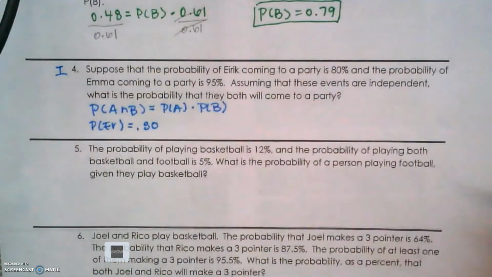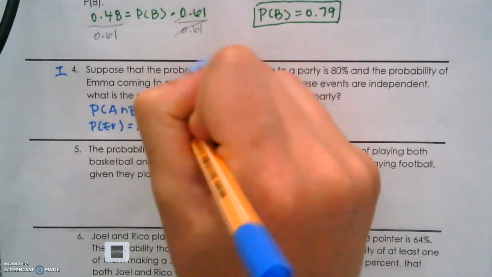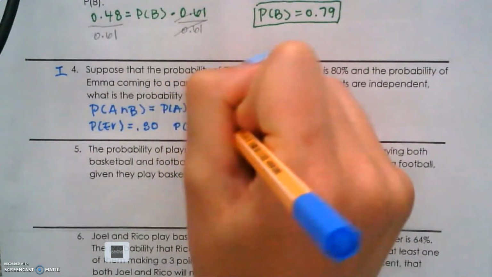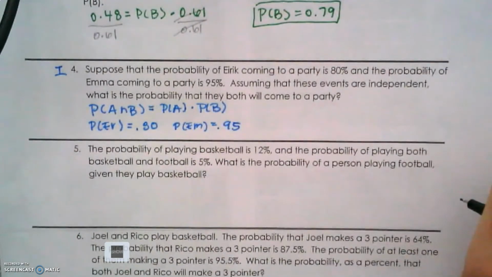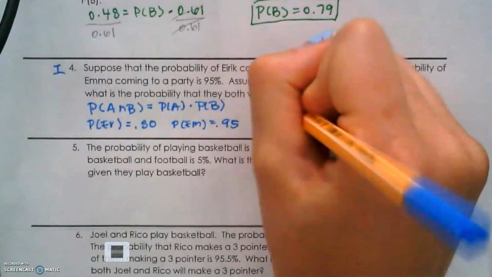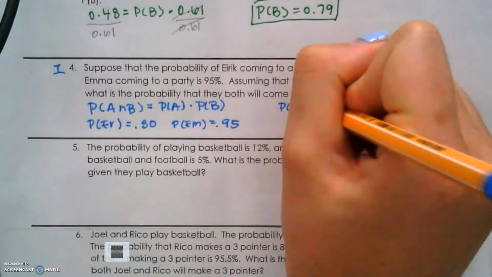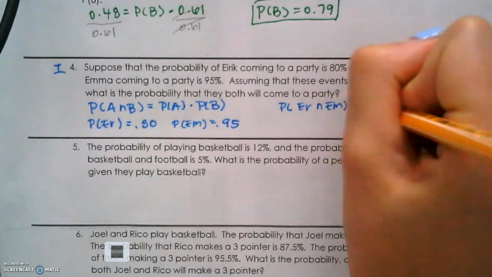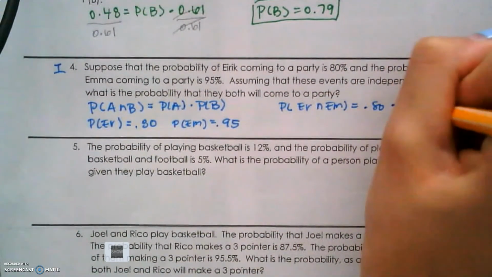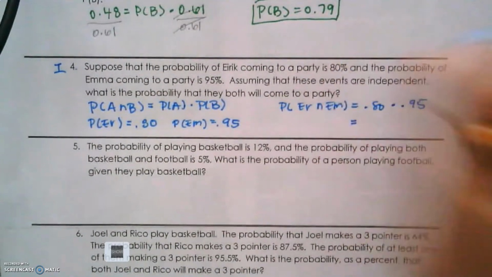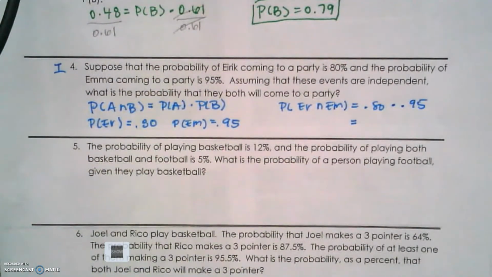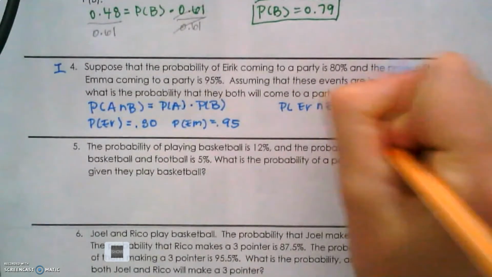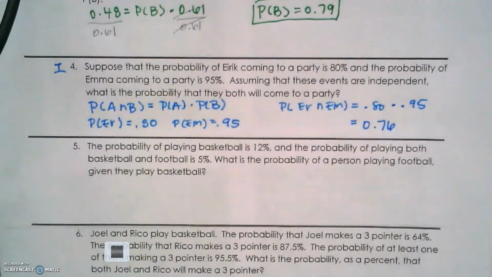Remember, we don't use percentages, we use decimals in math. And the probability of Emma is 0.95. So the probability of Eric and Emma is equal to 0.80 times 0.95. And that's a 76% chance of that happening.